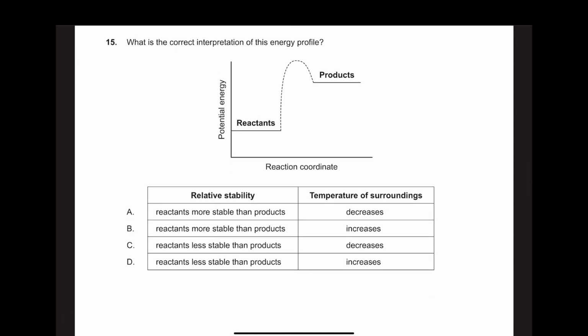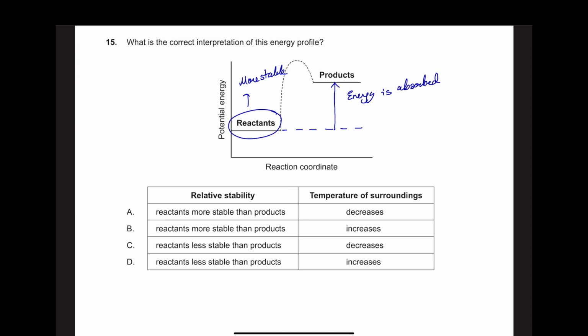Next, what is the correct interpretation of this energy profile? Reactants have lower energy as compared to products, so reactants are more stable, right? Now, reactants will absorb energy from the surroundings to form the products.